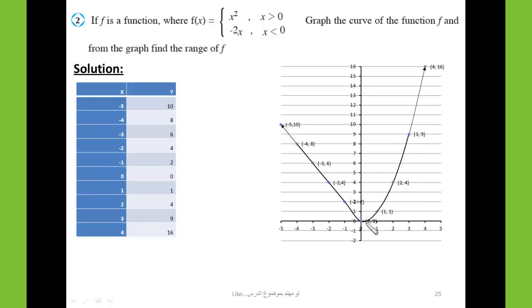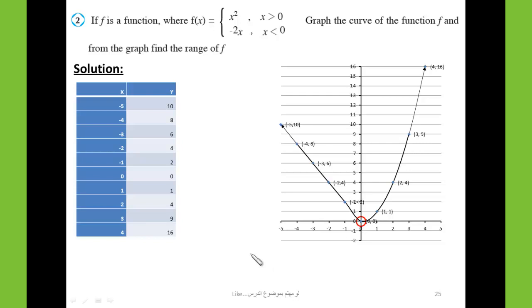It is a part of a quadratic function. Here we use a ruler to draw this part, and don't forget to put this circle to express that the point 0 and 0 does not belong to the range, and also does not belong to the domain.